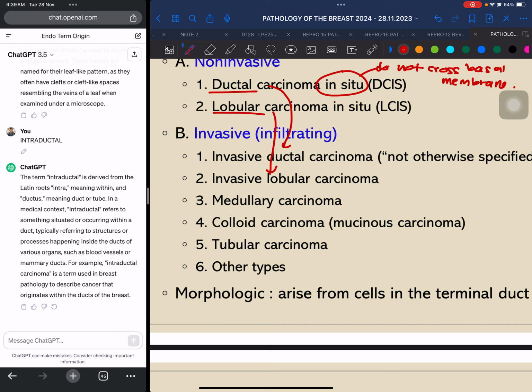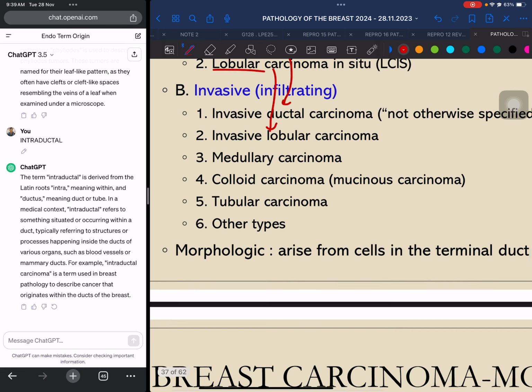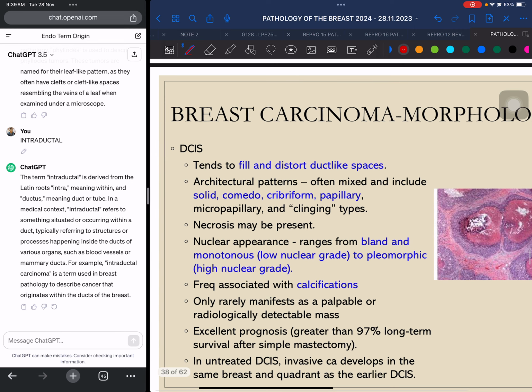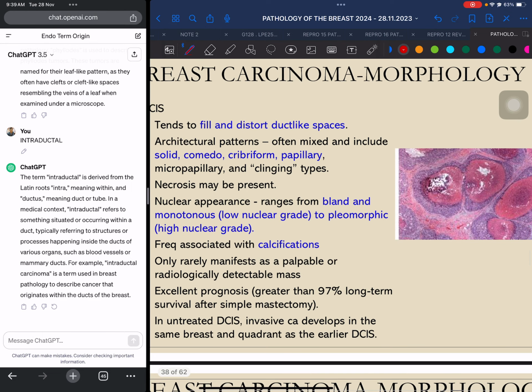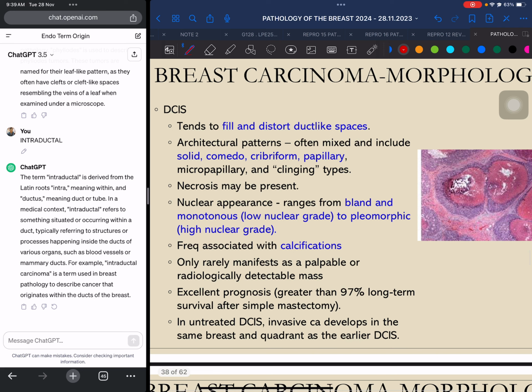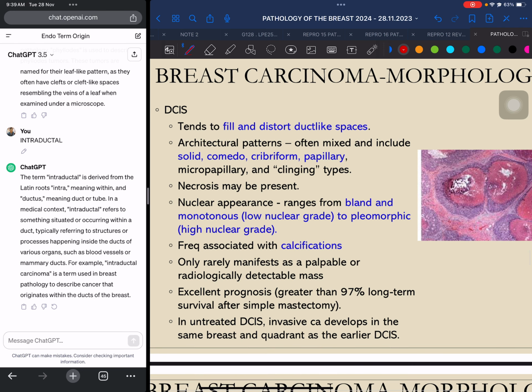They arise from the terminal duct lobule. For ductal carcinoma in situ, they tend to fill and distort duct-like spaces. They have many architectural patterns: they can be solid, cribriform, or papillary. Necrosis can be present at the center.